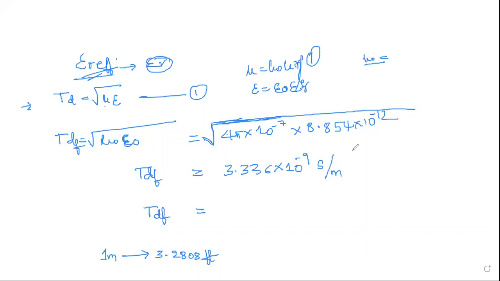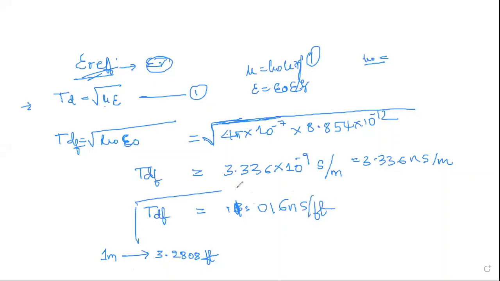So this is 3.336 nanoseconds per meter. If you convert per meter into per feet, this will be exactly 1.016 nanoseconds per feet. So this is the time delay or propagation delay of a microstrip line.